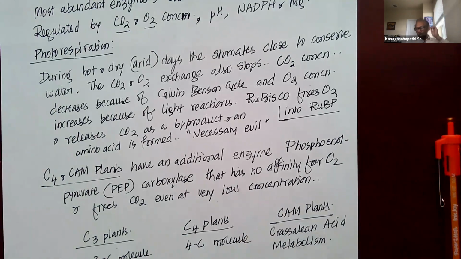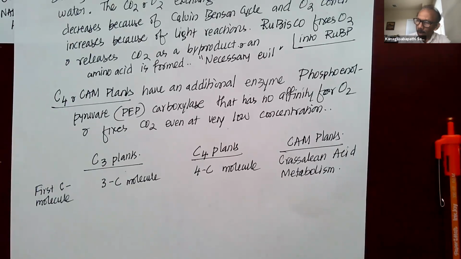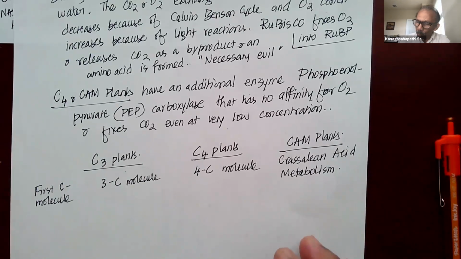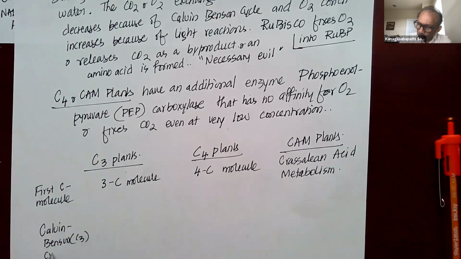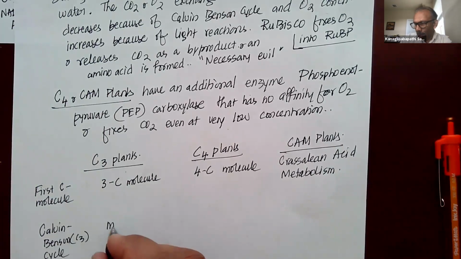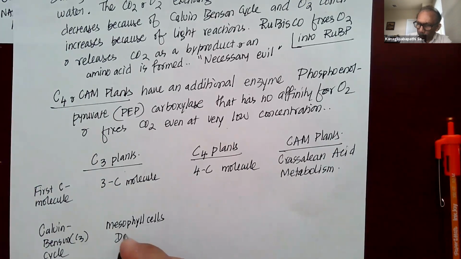Okay. So now let us understand how these processes occur in C3, C4, and CAM plants. They all have the Calvin-Benson cycle, which is also called the C3 cycle, that occurs in mesophyll cells and during daytime.